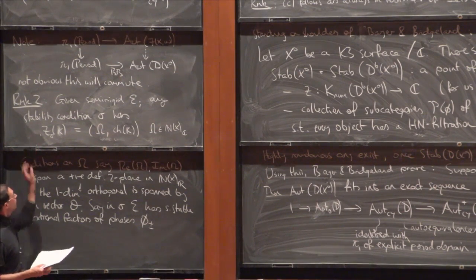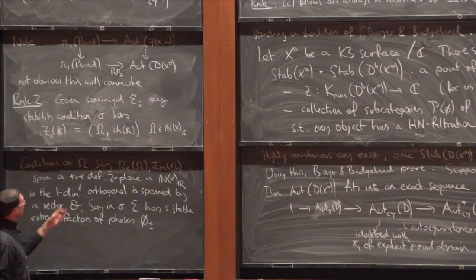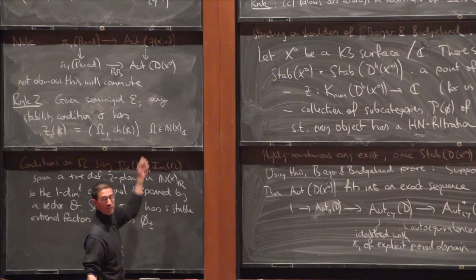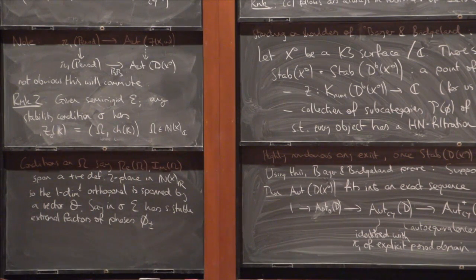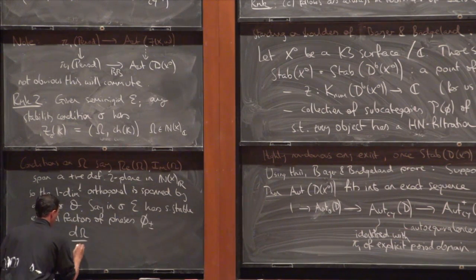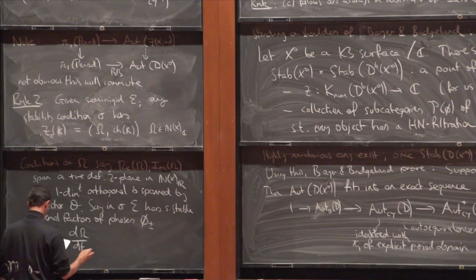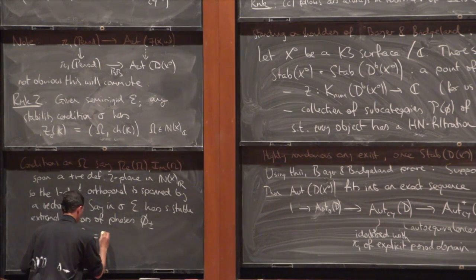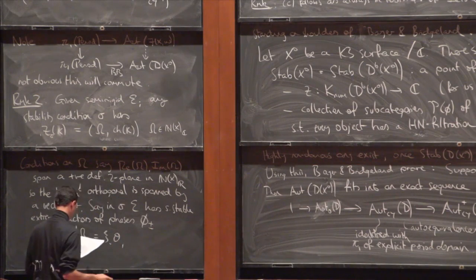And what Bayer and Bridgeland do is, you have a stability condition, you have this central charge, and they write down a differential equation, a flow on the space of these possible central charges. It looks roughly like d omega dt is psi dot theta.